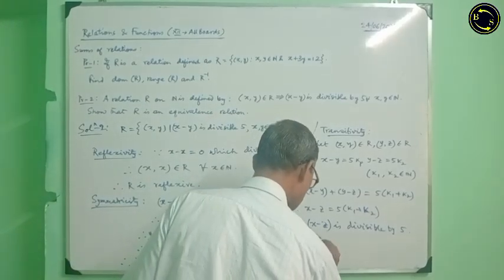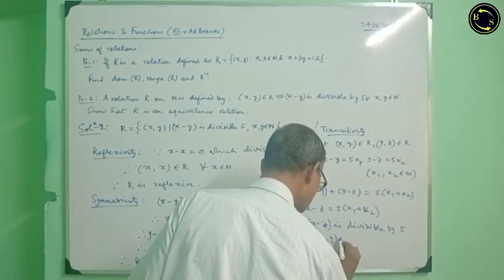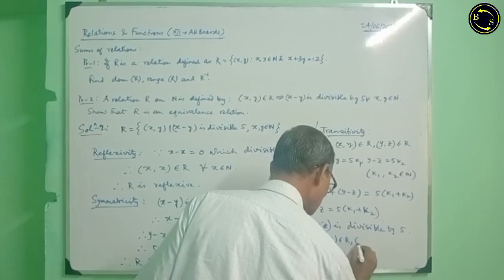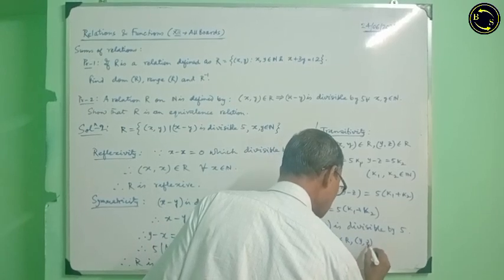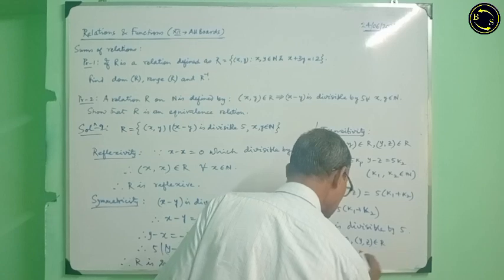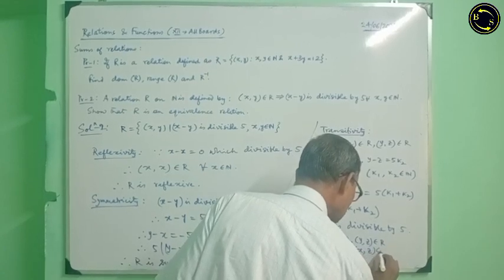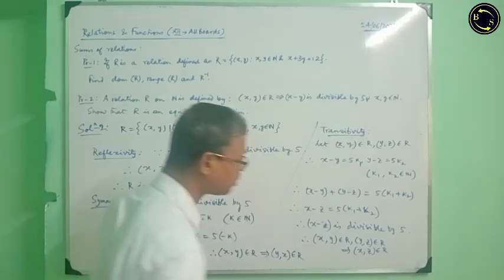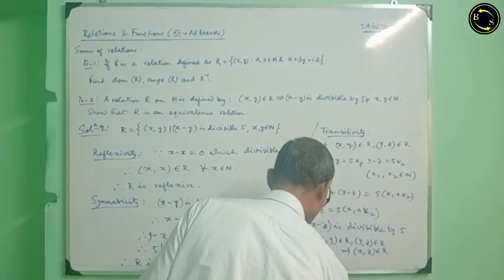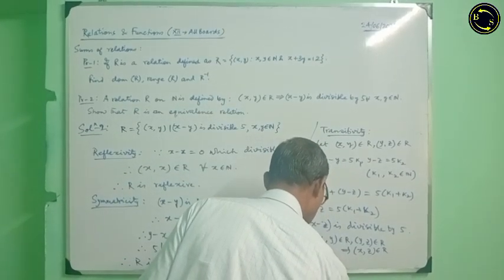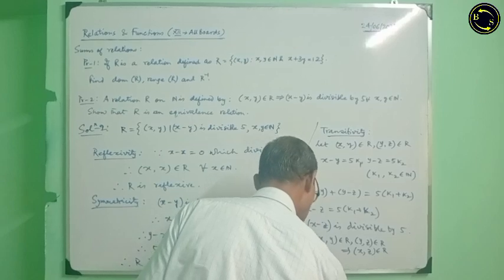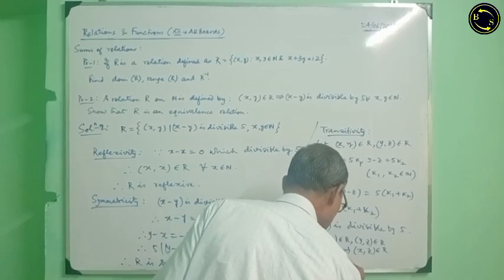Therefore, (x, y) member of R, (y, z) member of R implies (x, z) is also a member of R. Therefore, R is transitive.